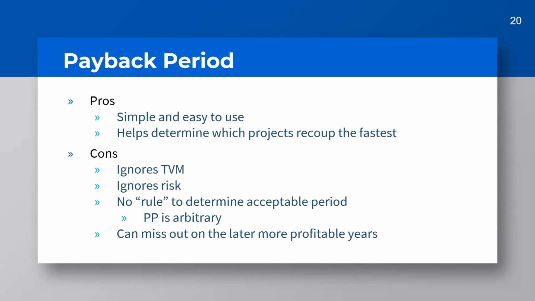And there is no hard and fast rule when determining the acceptable period, right? This is the biggest downside to the payback period, is that it's completely arbitrary. But another very large downside is that you can miss out on profitable years in the future, right? Especially when you're dealing with young growing companies. They tend to be very unprofitable early on, right?